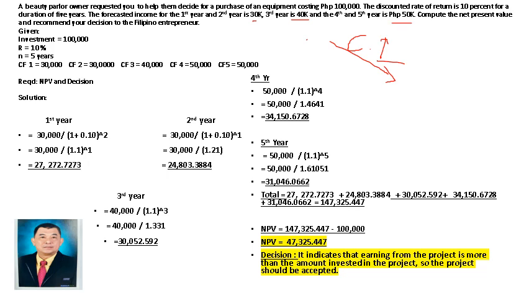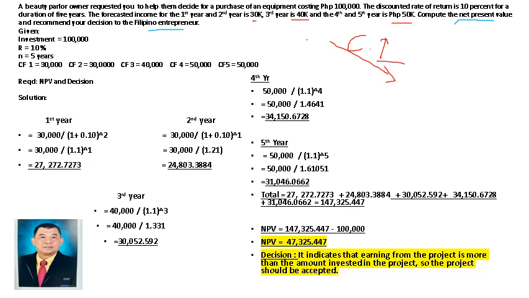So this is your income for the duration of 5 years, broken down to every year or annually. What you are obliged to do is compute the net present value and recommend your decision to the Filipino entrepreneur who owns a beauty parlor.